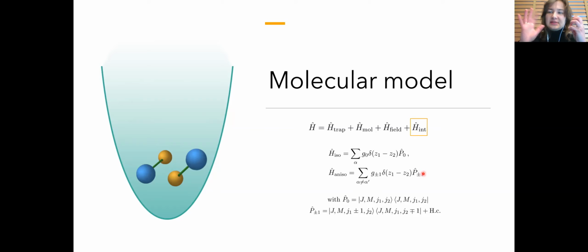So it has this nature of dipolar interaction, but it's not exactly dipolar interaction. If we also included the dipolar interaction, it would be another term.